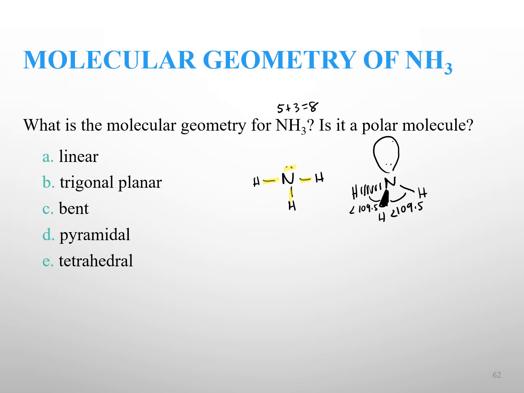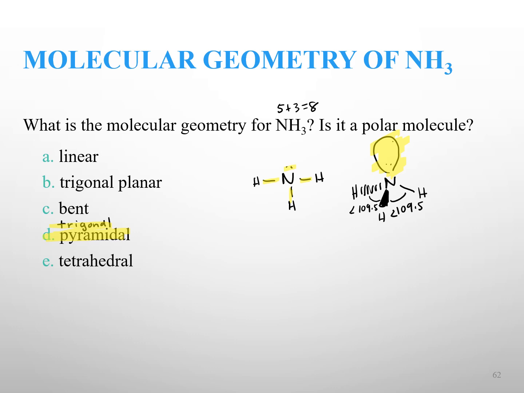The electron geometry would be tetrahedral, but because the lone pair is invisible, it looks like a little pyramid, right? It will be trigonal pyramidal. So let me add the trigonal here. So it will be D. D is my answer.